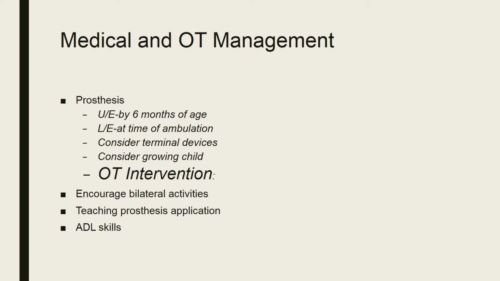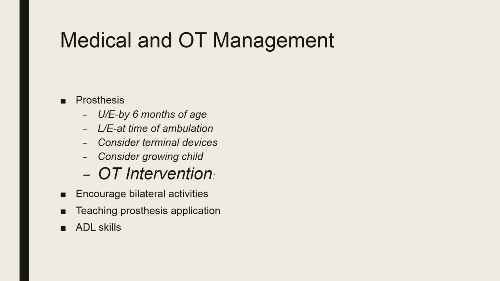As I've briefly alluded to, for the medical and OT management, you're going to be looking at prosthetics here, right? Research has shown that usually they will fit an upper extremity prosthesis, so a child that's been born without that upper extremity, by as early as 6 months of age.